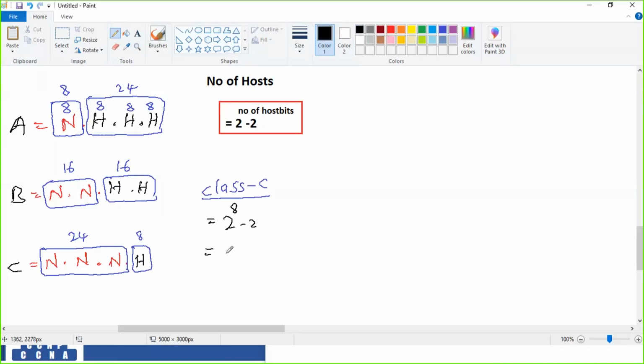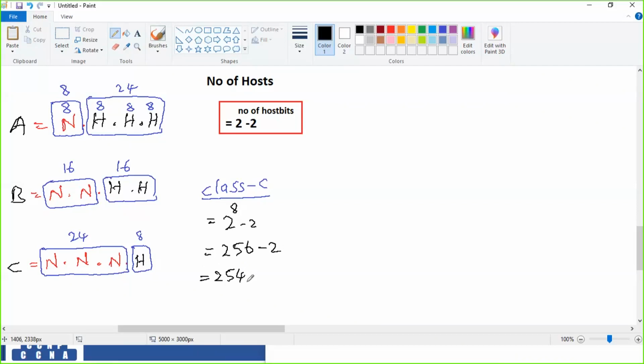What is the value of 2 power 8? 256, minus 2, right? 254. What is 254? Hosts.